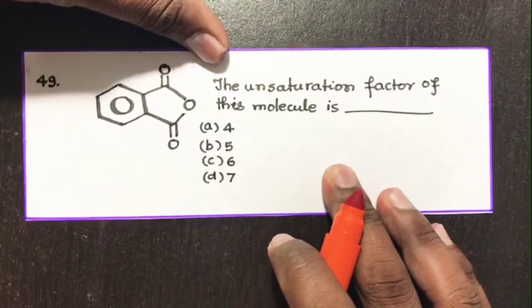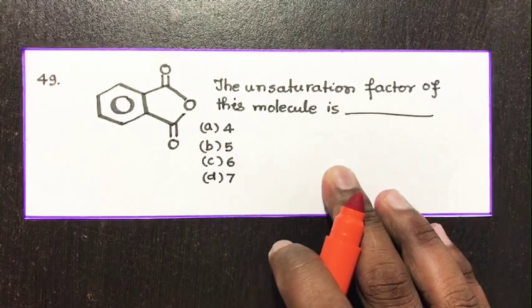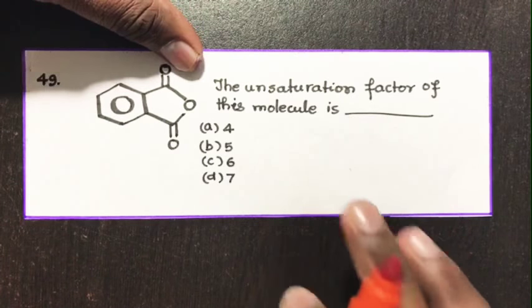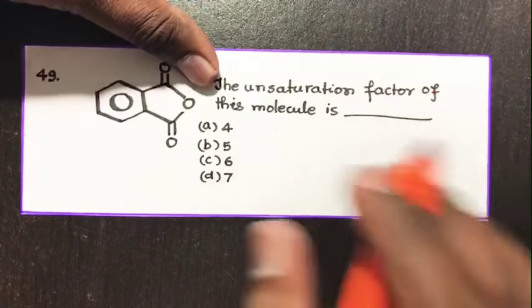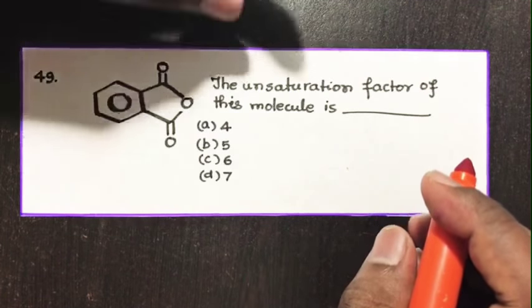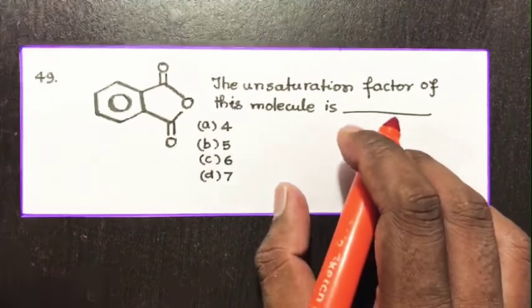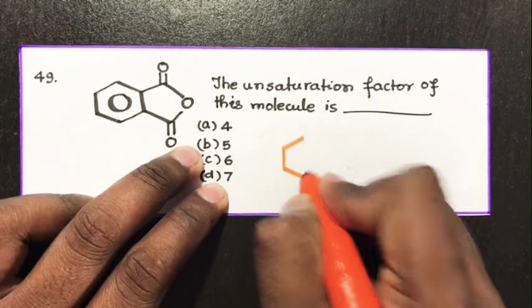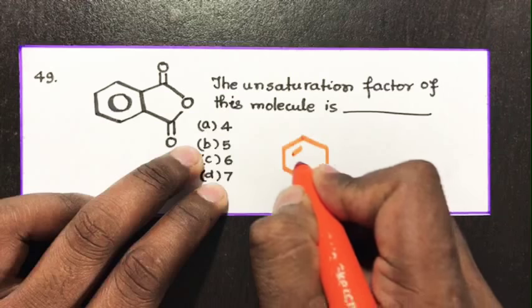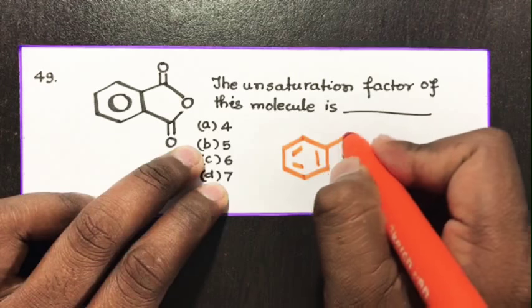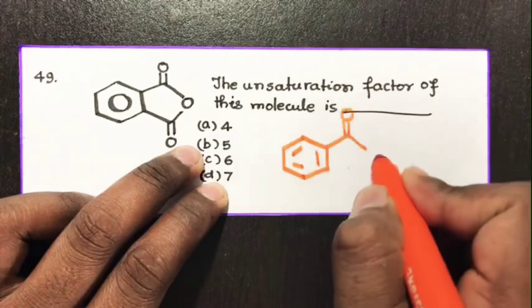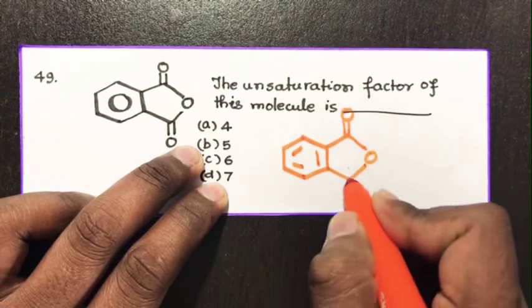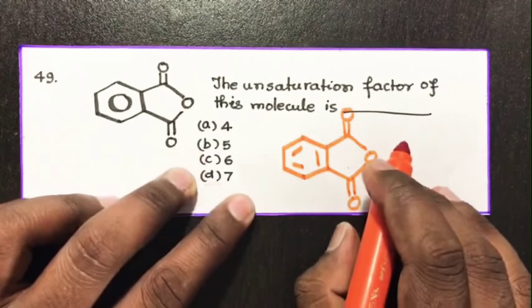Now this is the acid anhydride of benzene 1,2-dicarboxylic acid, and we have to find the degree of unsaturation, or unsaturation factor, for this molecule. Let's draw the molecule. This is the benzene ring, and there are 2 rings also.